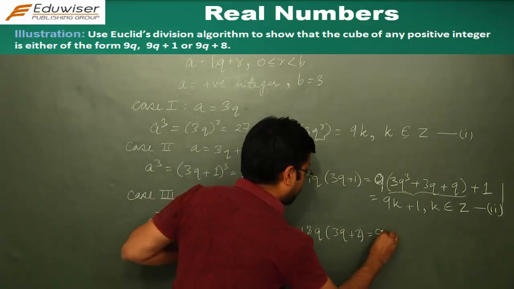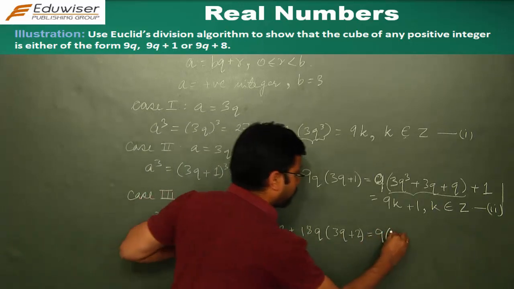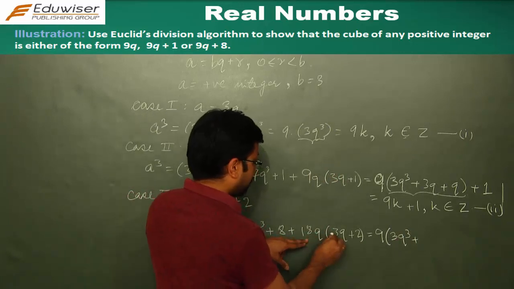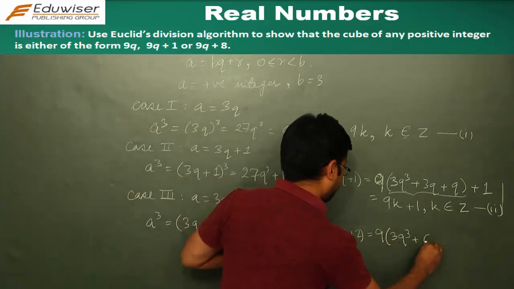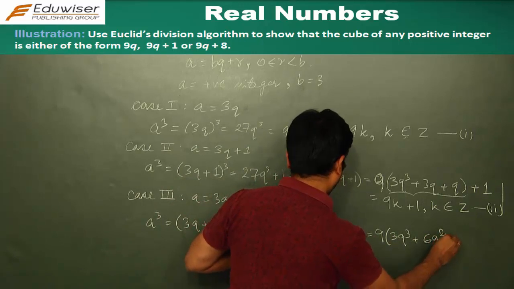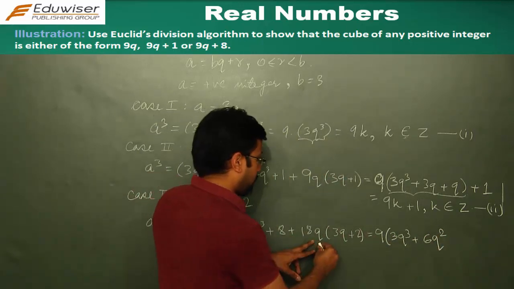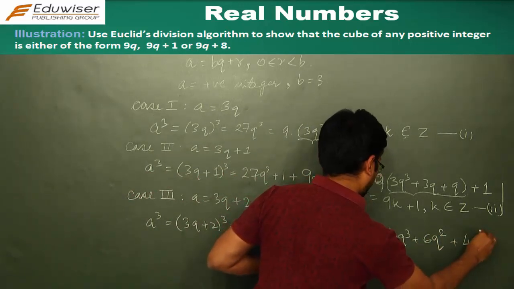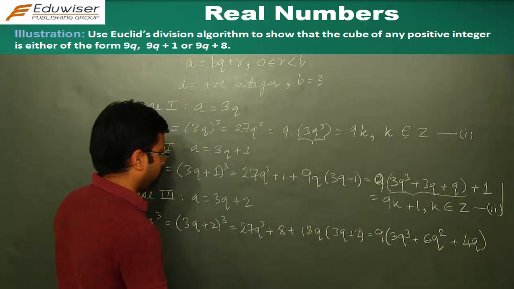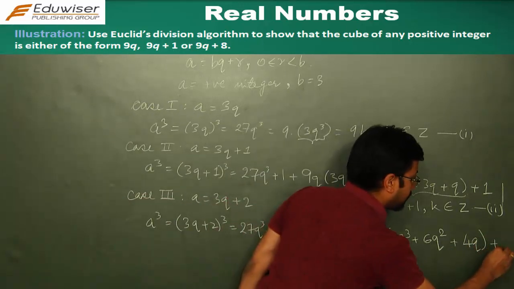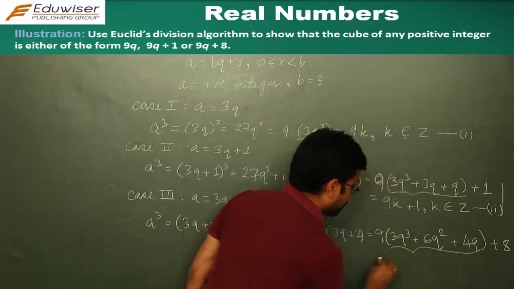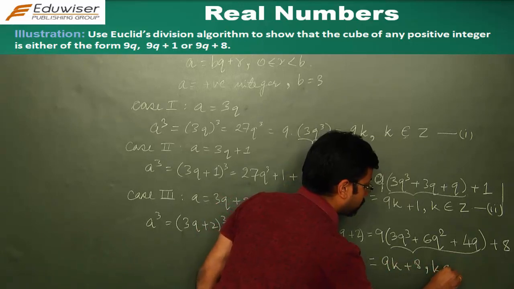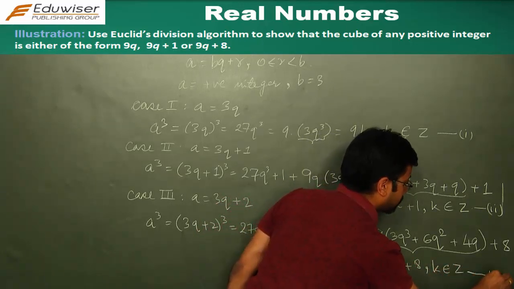If you keep the 9 factor together, here you have 3q cube plus 6q square, and you have 4q, and you have the 8 separately. So this being an integer, this becomes of the form 9k plus 8, where k belongs to some integer, and this is equation 3.